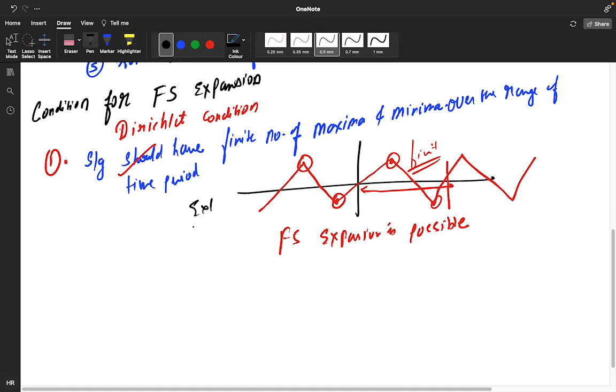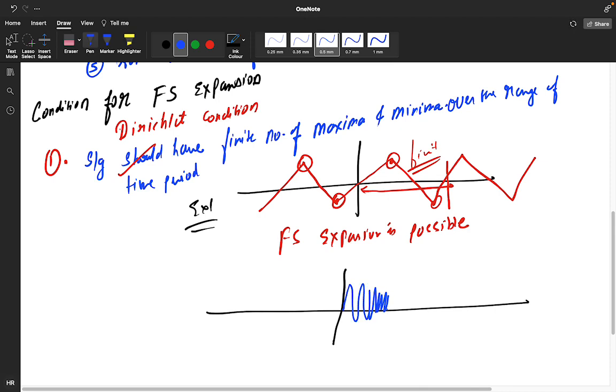Now example 2. This was example 1. If I give you another example, you have a signal like this, then it goes, then again it starts like this, and again, and similarly these things are happening on this side.